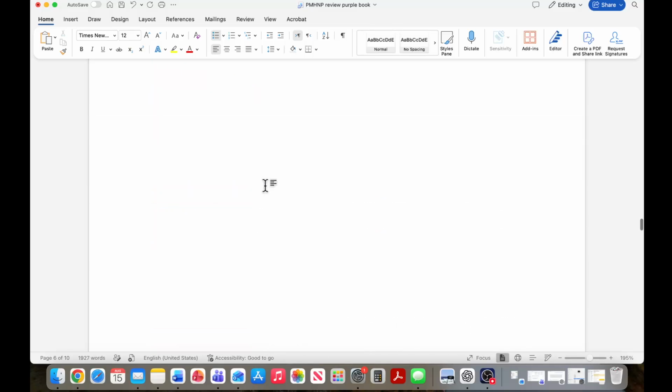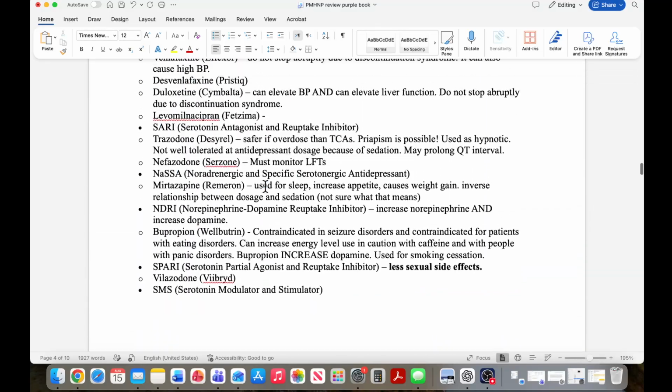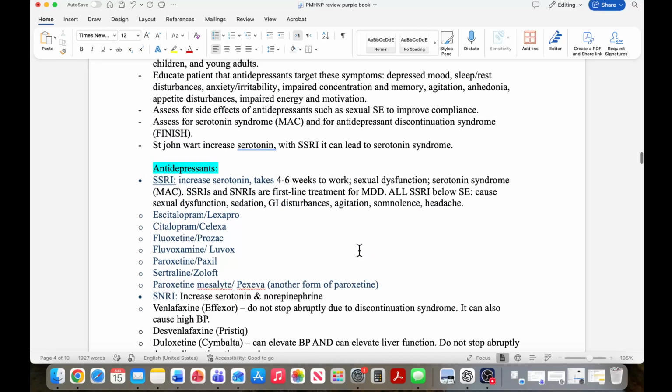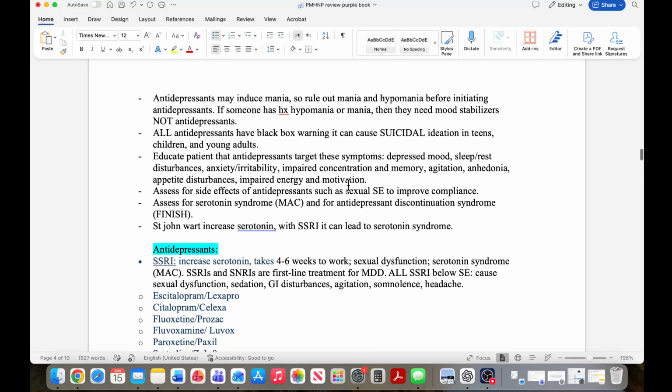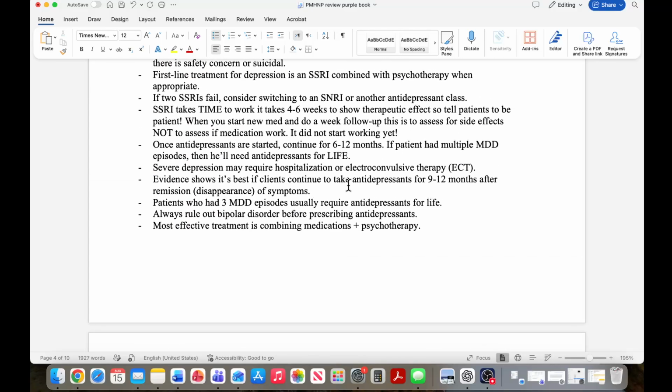When you're treating depression with an antidepressant, you have to rule out bipolar. You cannot prescribe these antidepressants to people with bipolar because it will trigger a manic episode. So just be careful about that.